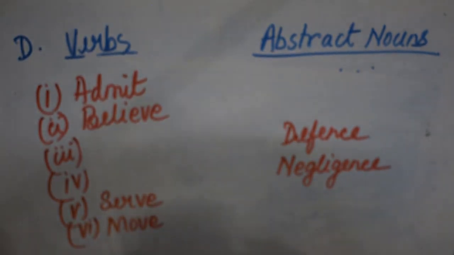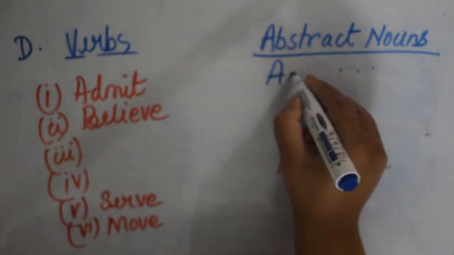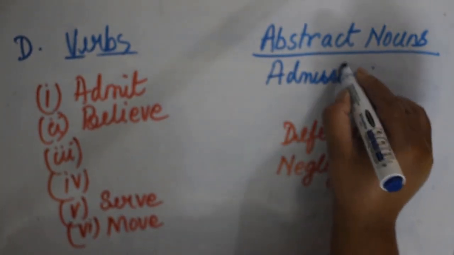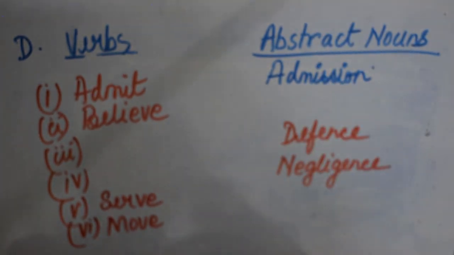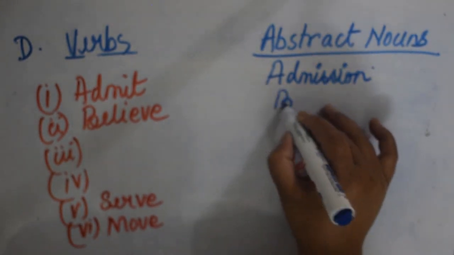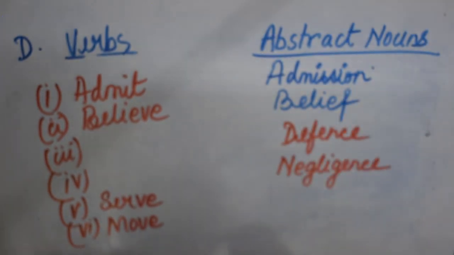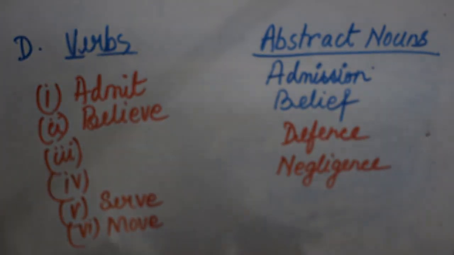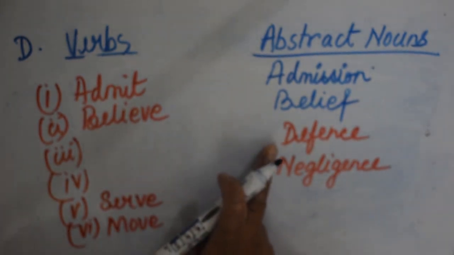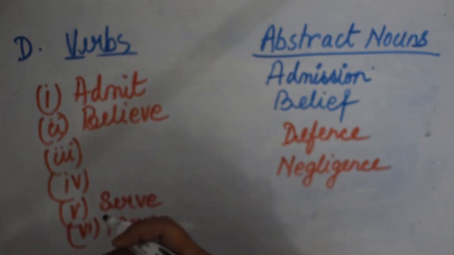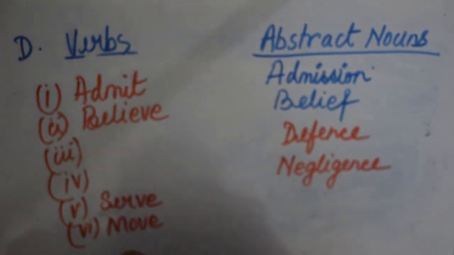Answers will be admit, admission. Believe is belief, okay? Believe is a verb. You believe in something. Believe is the act of having a belief. All right.